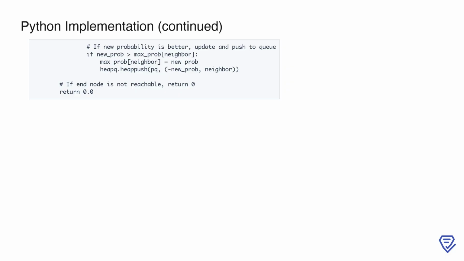This ensures that we always prioritize nodes with higher probabilities as we continue exploring the graph. Finally, after the loop, if the end node is not reachable from the start node, we return 0.0 as the result. This implementation ensures an efficient solution using Dijkstra-like logic tailored for probabilities instead of distances, and the use of a priority queue keeps the time complexity manageable even for larger graphs.